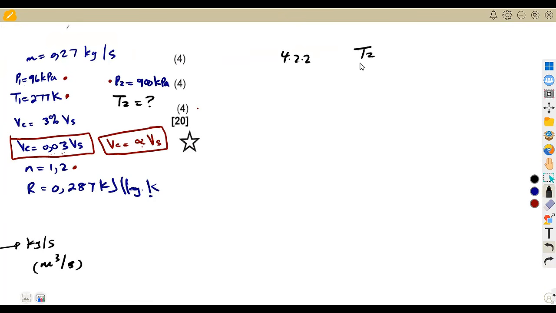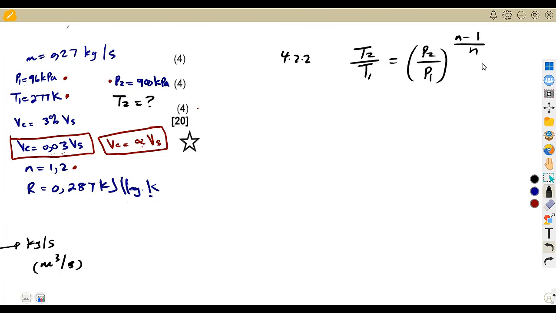So we saw that T2 over T1, in terms of pressure, is going to be P2 over P1 to the exponent of N minus 1 over N. We're not going to use the volume since we do not have V2. We've got V1 for the inlet conditions, but V2 we do not have.